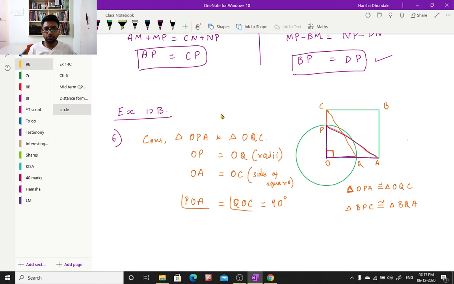So two sides OP, OA and the angle between these two sides is 90 degrees. So by SAS, I have triangle OPA is congruent to triangle OQC.